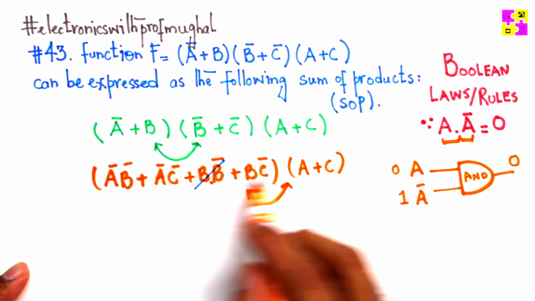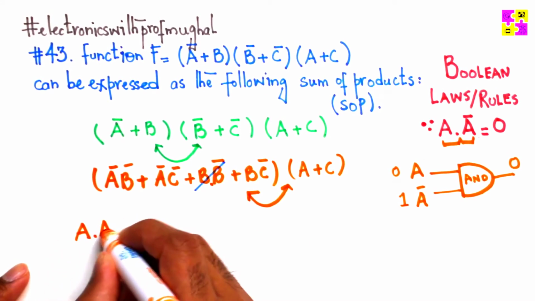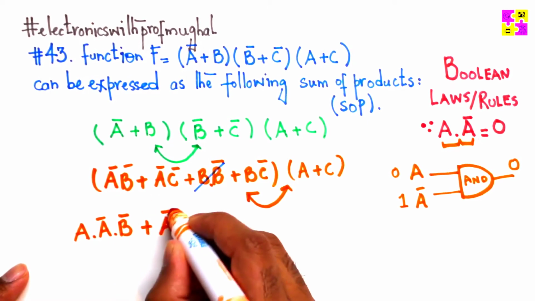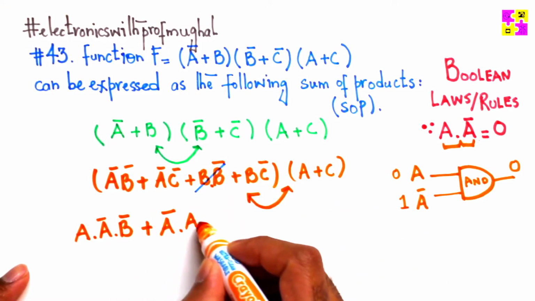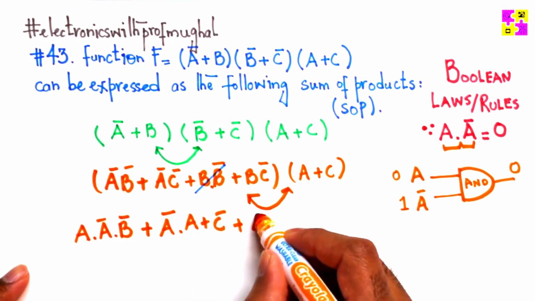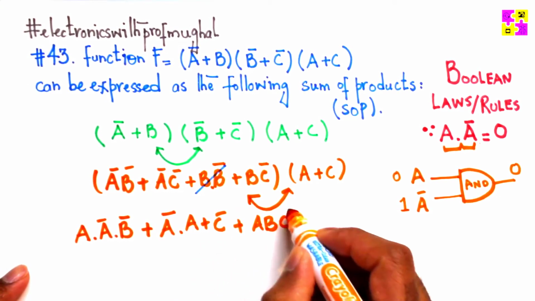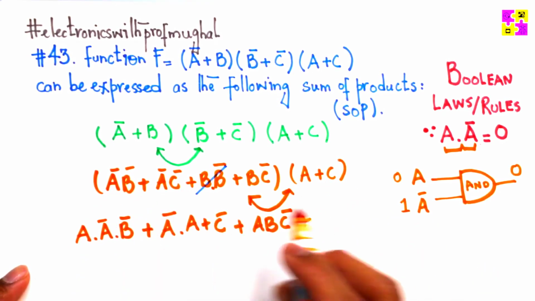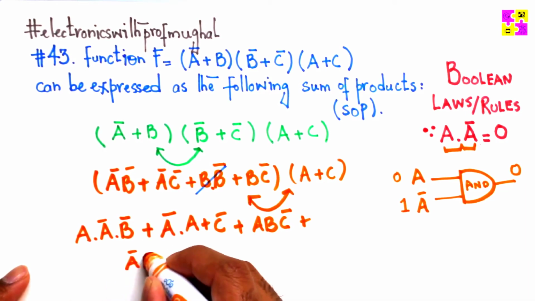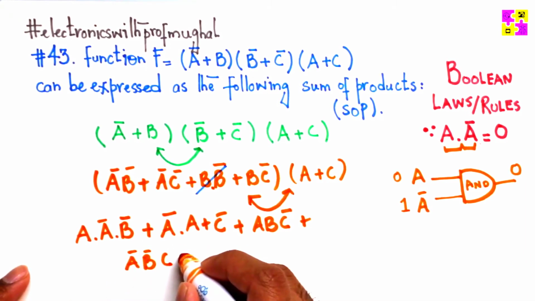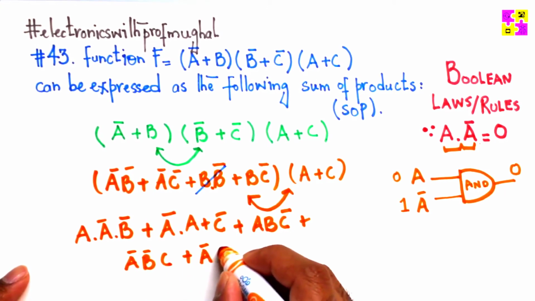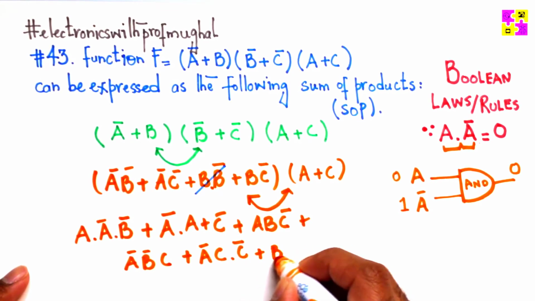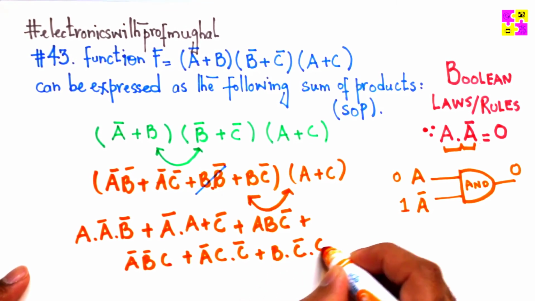So a bar b bar dot a dot a bar dot b bar plus a bar, and I'll say a here, plus c bar plus a b c bar, and then multiplying c with this whole equation, I get a bar b bar c plus a bar c dot c bar plus b dot c bar dot c.